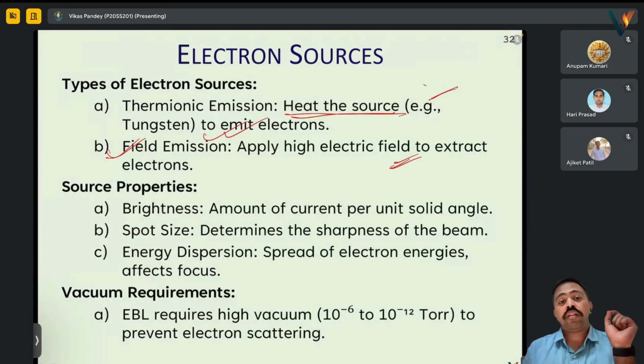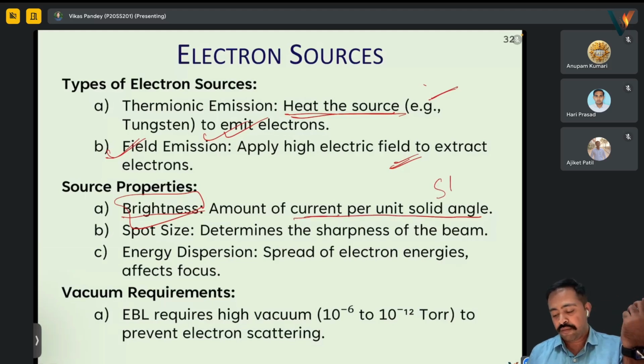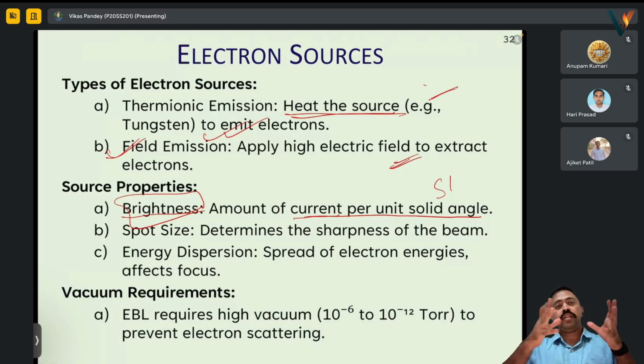What are the properties that we look for when we are talking about the electron source? One is the brightness. What is the brightness of this source? That is the amount of current per unit solid angle, steradian, because here we are dealing with 3D angles, not just one direction. Second is spot size, that is how sharp we are getting the beam.